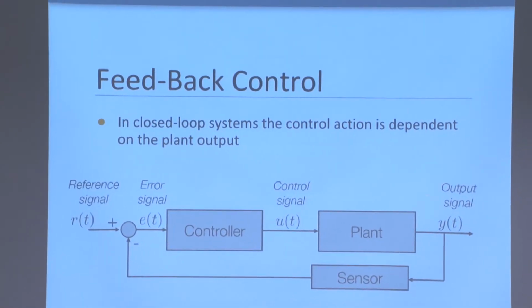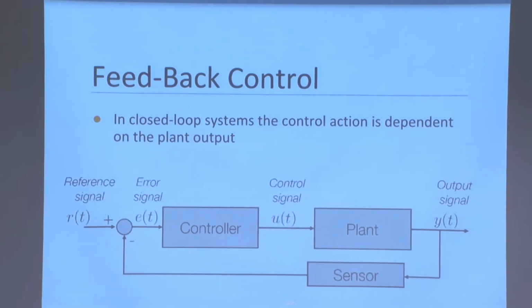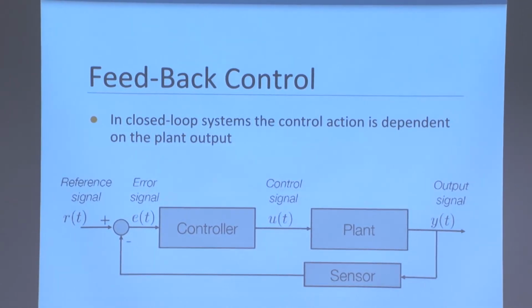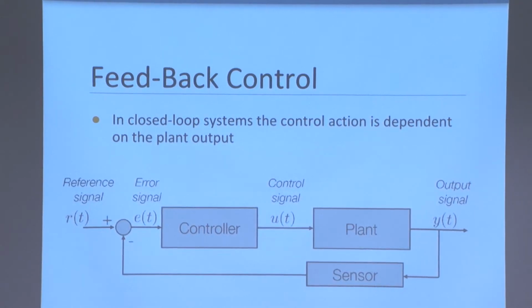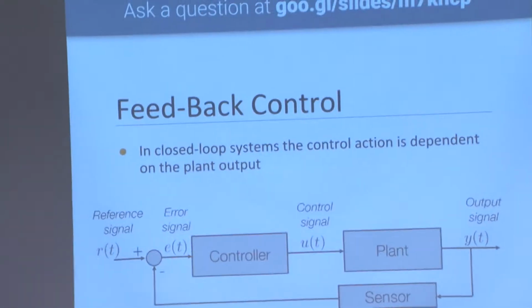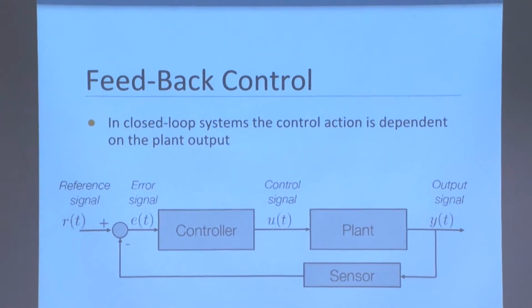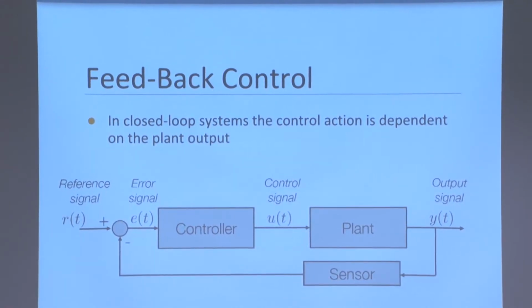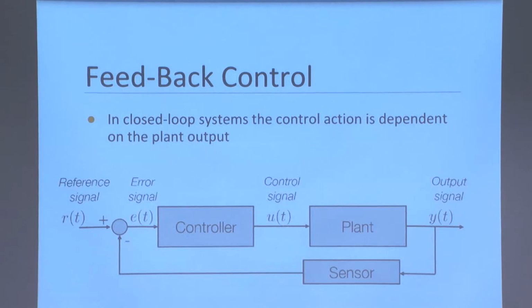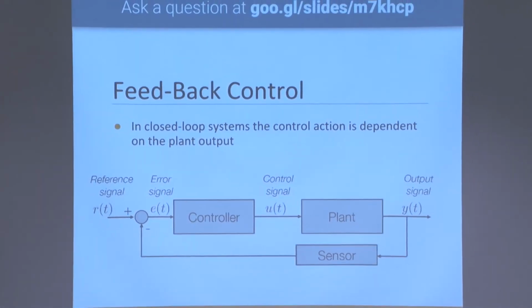Here, we look at what is our output signal, and we drive it back into the system and use that as an input to our controller. So the example for the cruise control is actually looking at what is your current speed and then deciding should you increase the car speed or decrease the car speed to be at, say, 60 miles per hour.